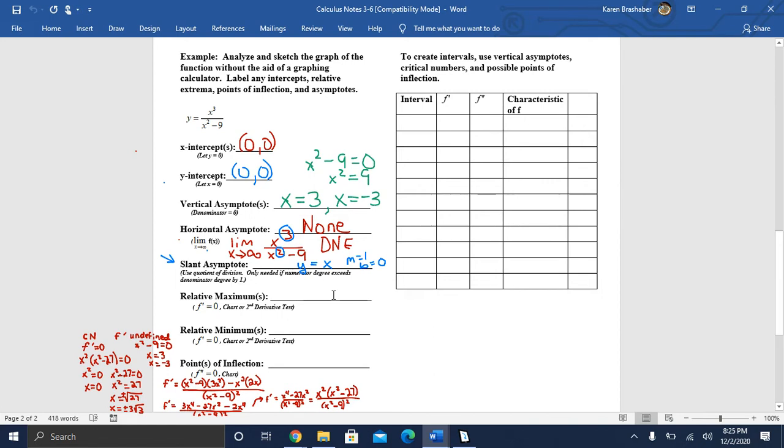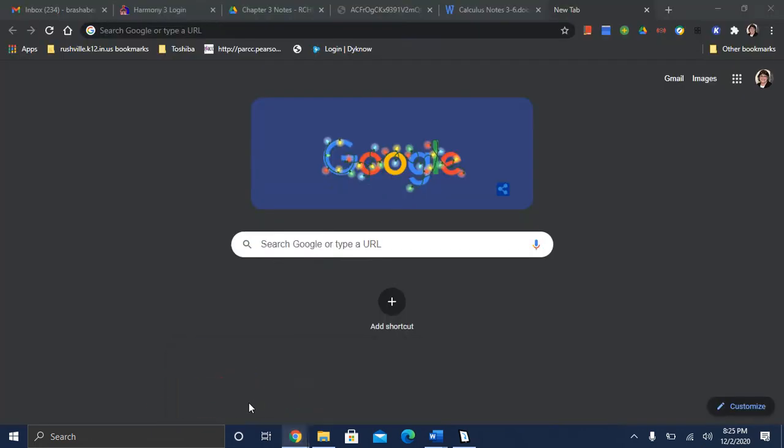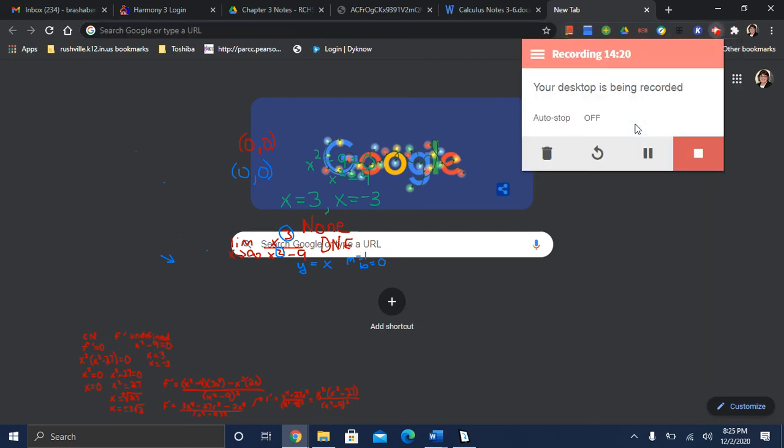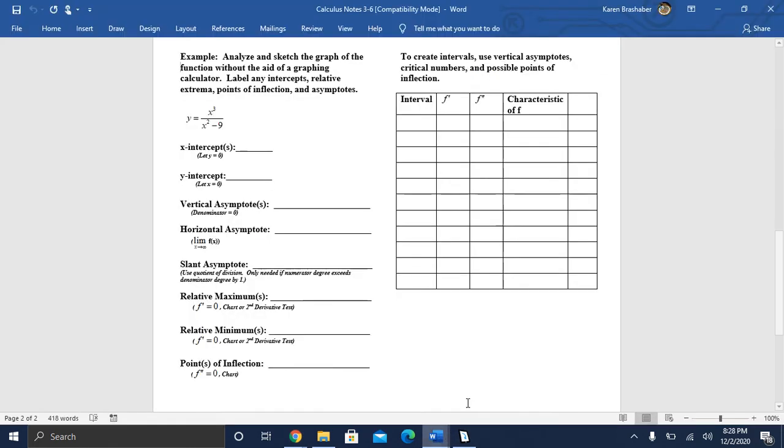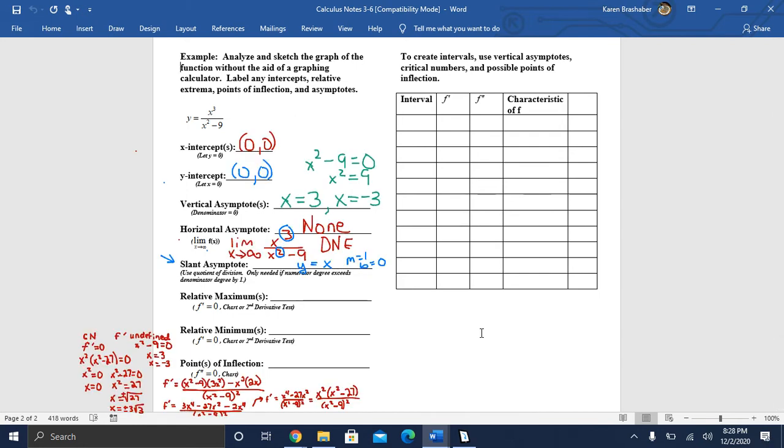So for your second derivative, which would be for f double prime, we'll continue on with the second derivative.